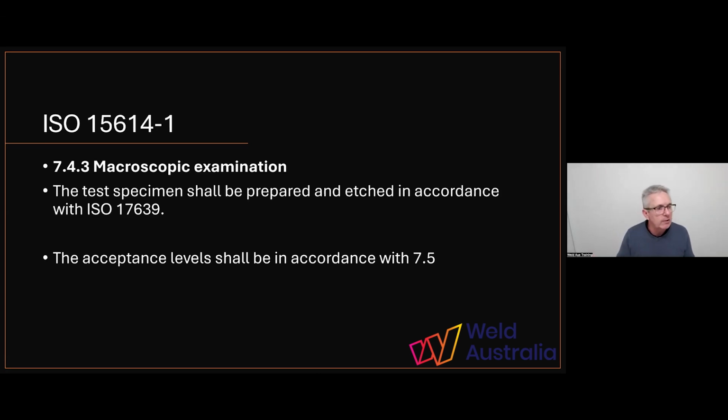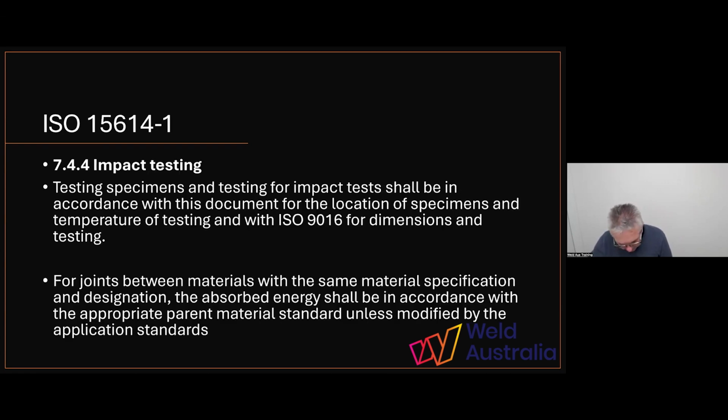We often see these in our Australian standards anyway. Impact testing, hardness testing, the values there. But then it goes into, when we're looking at impact testing there, it gives us the values and what it should be. For joints between materials with the same material specification and designation, the absorbed energy shall be in accordance with the appropriate parent metal.